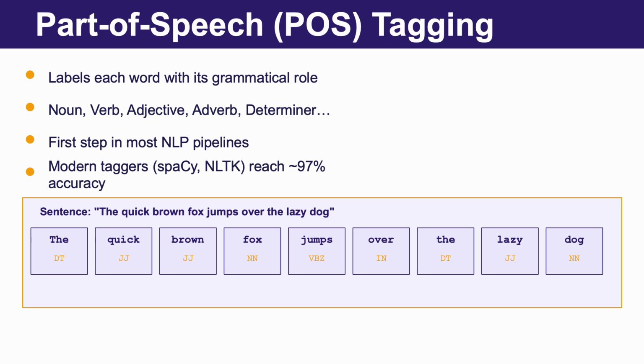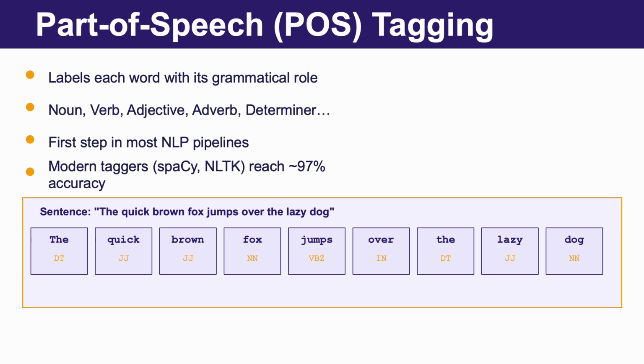Part of speech tagging, also known as POS tagging, labels every word in a sentence with its grammatical role: nouns, verbs, adjectives, adverbs, and determiners each get their own tag. This seems simple, but it is a crucial first step for almost every downstream NLP task.